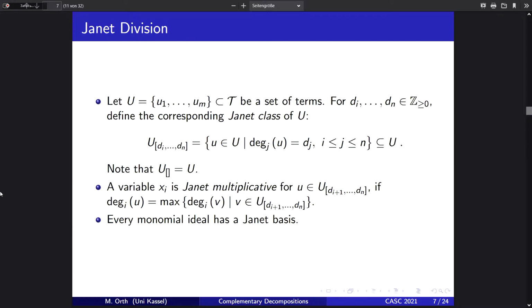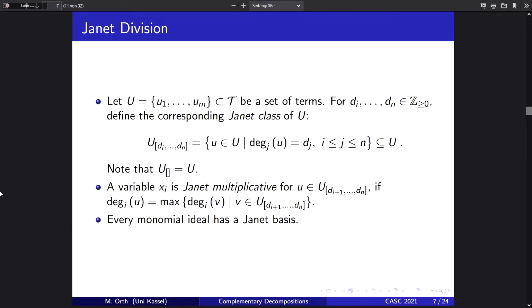Given a set U of terms and a sequence of non-negative integers d_i up to d_n, we denote a subset of U as the Janet class of U. This is related to this degree sequence, and it contains all terms which agree in their x_j degrees with this degree sequence for all j between i and n.